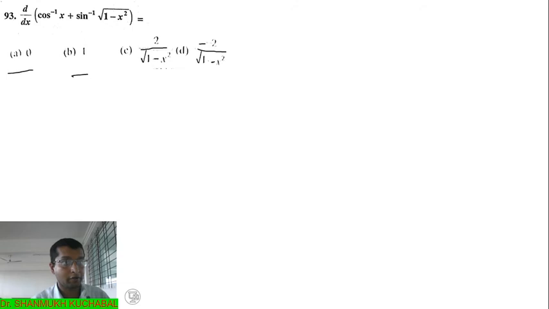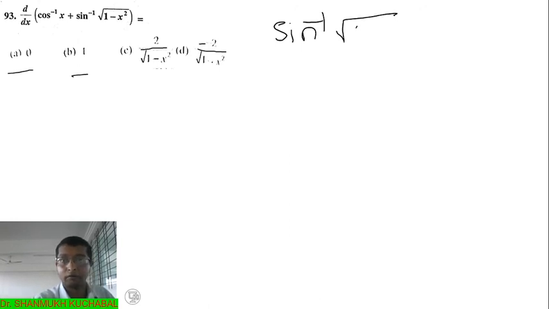So we have to verify. I make use of an inverse trigonometric function relation: sine inverse of root of 1 minus x square is cos inverse x.